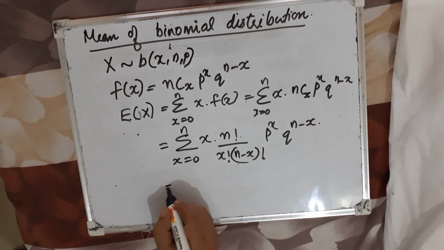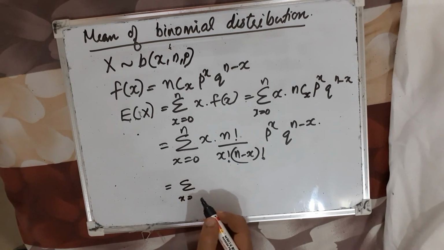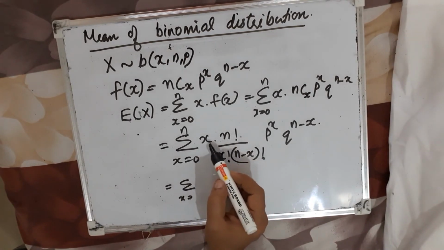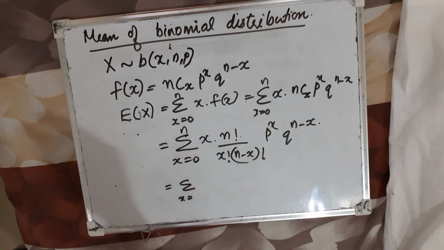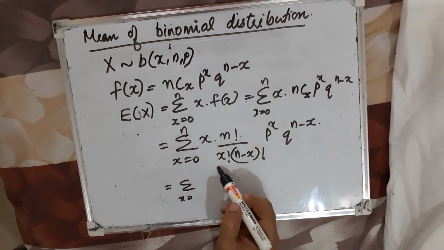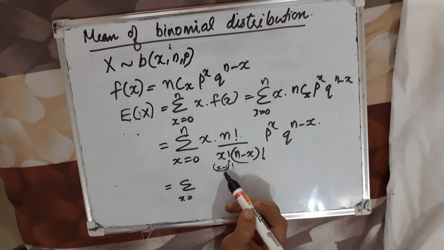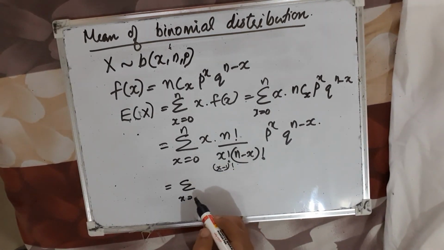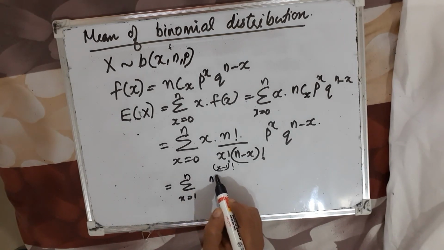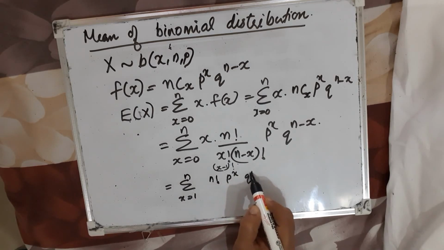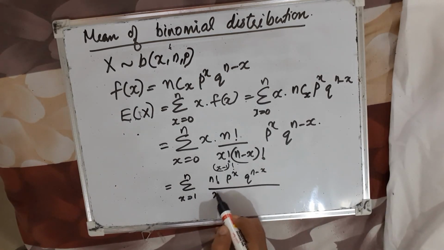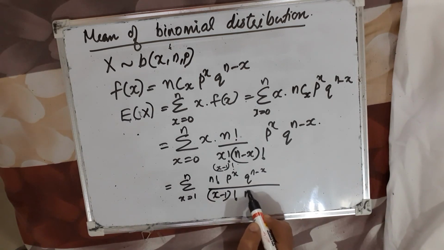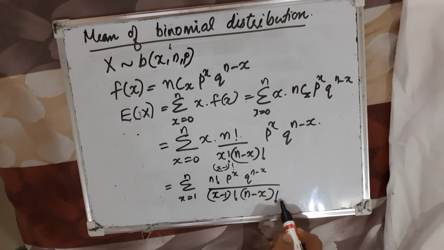We can cancel x and x factorial here. The remaining term will be (x minus 1) factorial. Since the denominator has x minus 1, the sum must start from x equal to 1, since negative factorial is not defined. So it is sigma x equal to 1 to n of n factorial p^x q^(n-x) divided by (x minus 1) factorial into (n minus x) factorial.